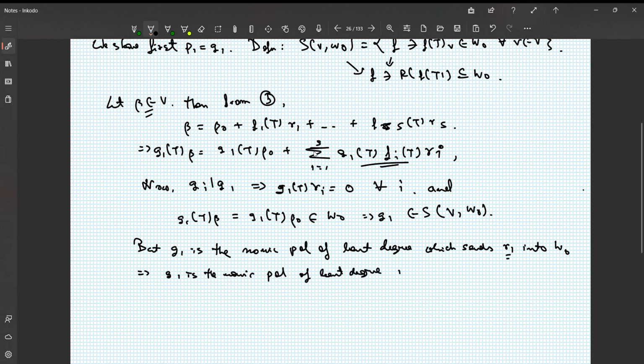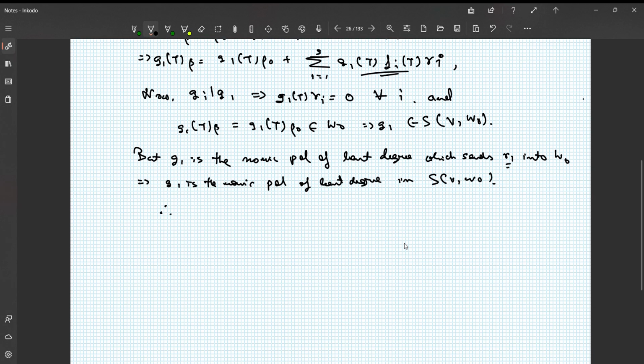It's obvious, right? So it's the monic polynomial of least degree in S(V; W naught). Clear? That means it generates S(V; W naught). Clear?